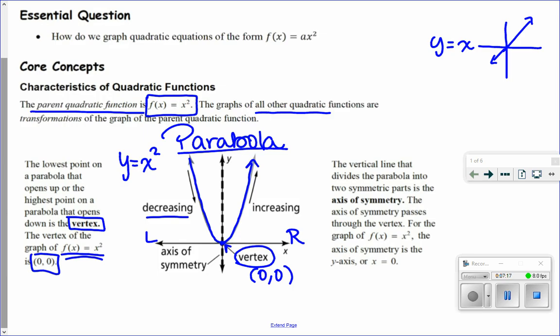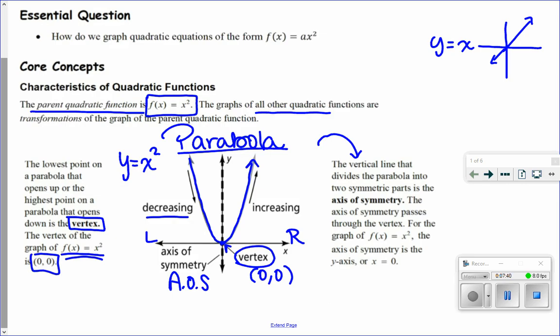It also has something that we call the axis of symmetry. So the vertical line, I'm over here now, right? The vertical line that divides the parabola into two mirror images or symmetric parts, that's called the axis of symmetry. And a lot of times you're going to see me abbreviate that like that, so I don't have to write the whole thing, and you're welcome to do the same. Okay?